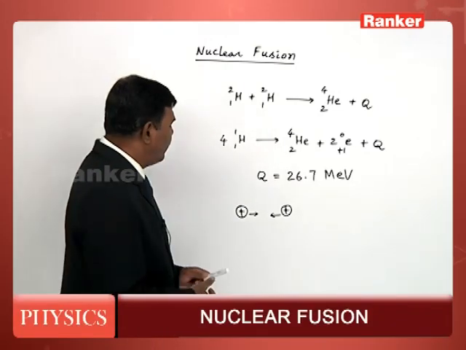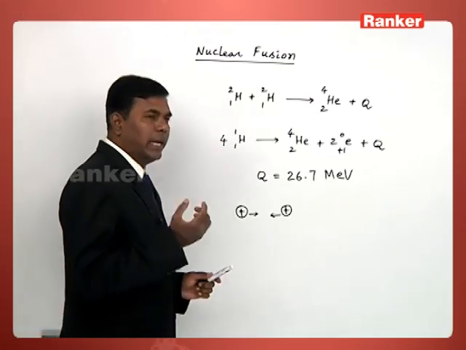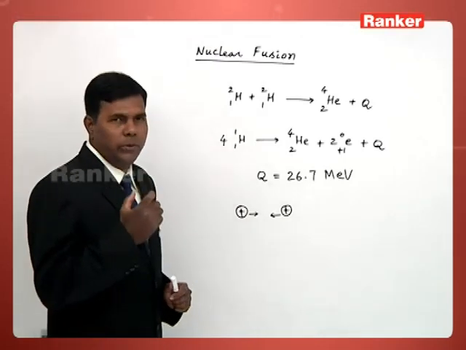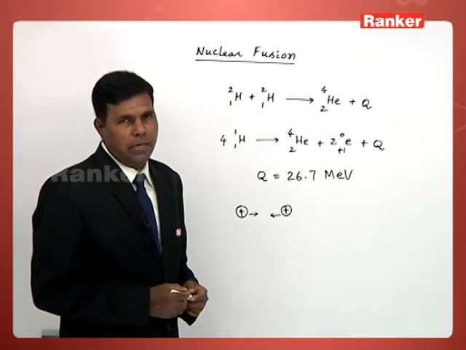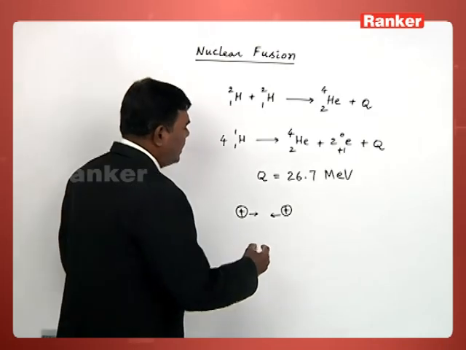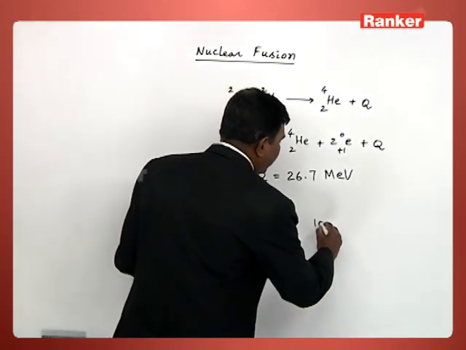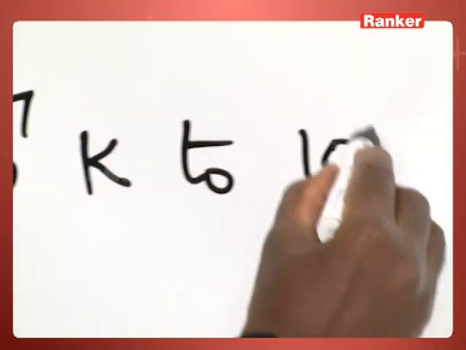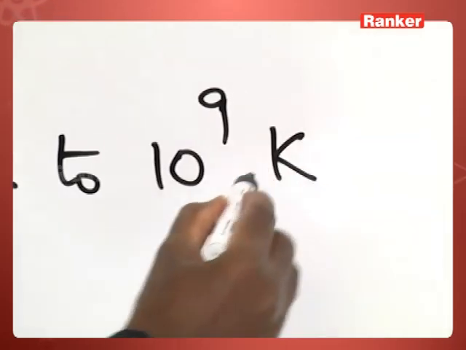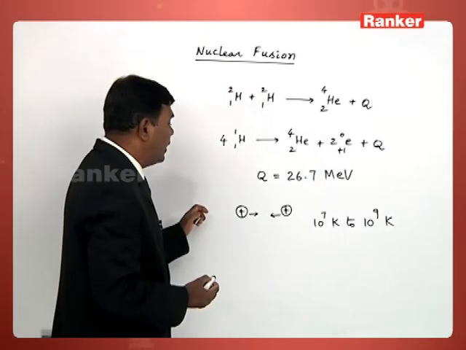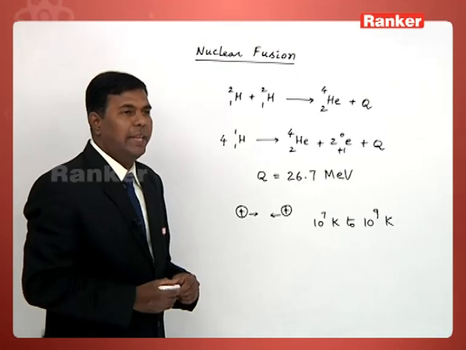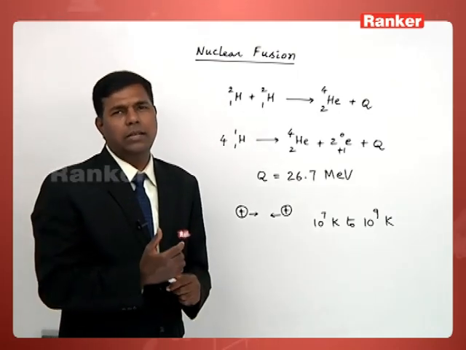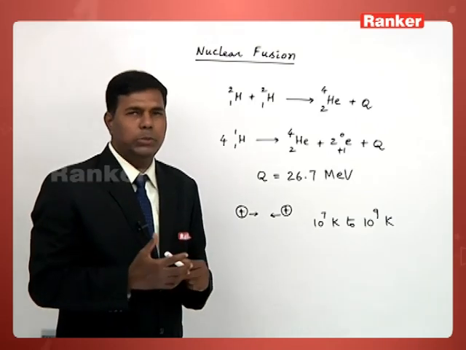But you see, if the kinetic energy of the nucleus is to be so high, the temperature of the nucleus should also be very high. It is observed that temperatures of the order of 10 power 7 Kelvin to 10 power 9 Kelvin is the order of temperature required for the nuclei, so that their energy becomes so high and they are capable of overcoming the Coulombian repulsive force and fuse together.